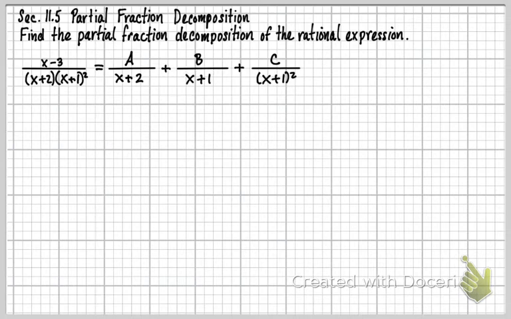Now, if this was an x squared in here and here, then this would be a Bx plus C, and this would be a Dx plus E. That would change it because this here is degree 2, so that would be a degree 1 up there. Even though this is a degree 4, we would treat it as a degree 2 as that first polynomial. But we don't have to worry about all that here.